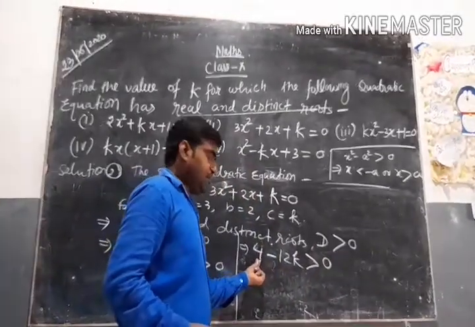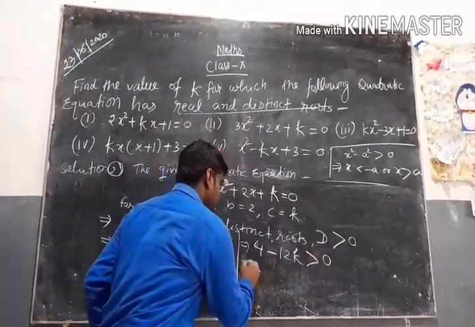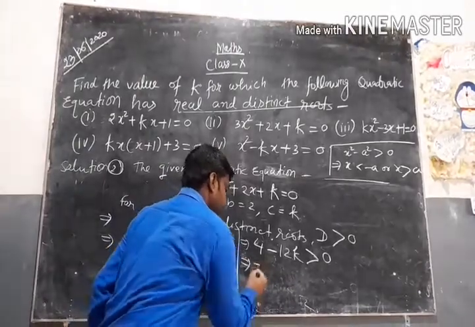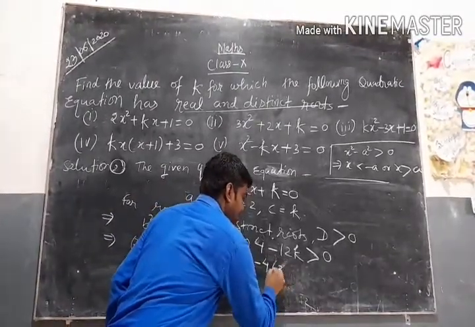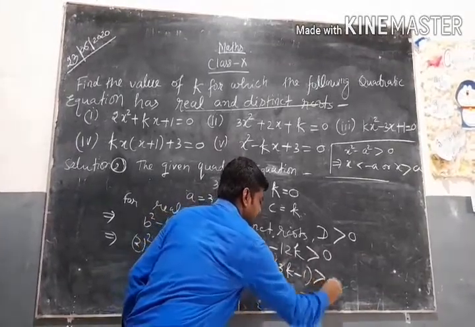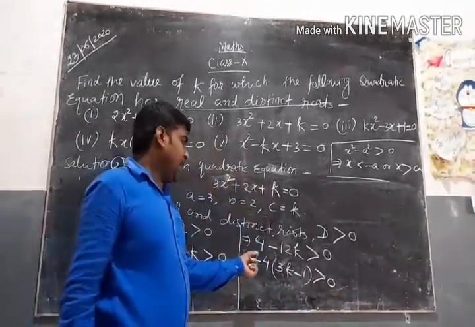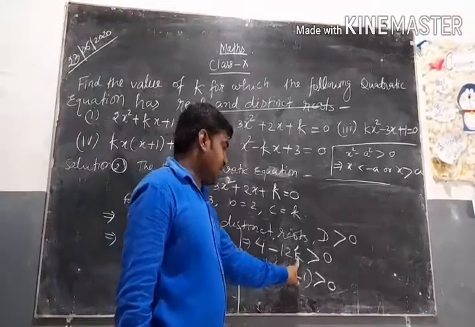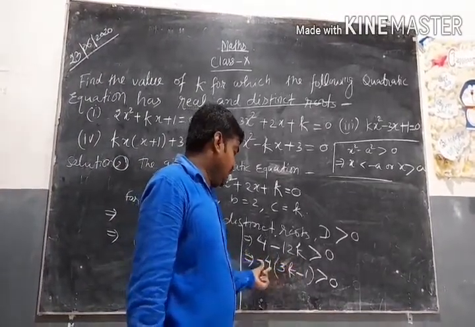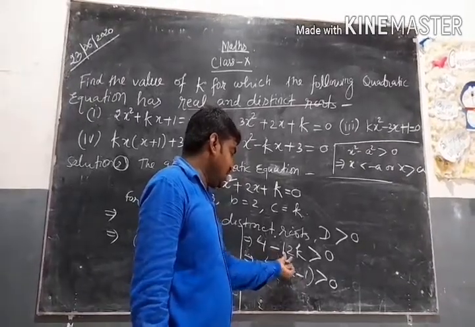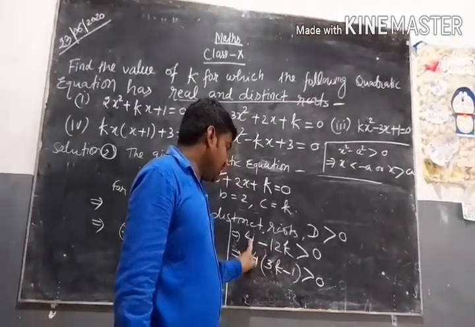On taking 4 as common, we have 3k minus 1 greater than 0. Actually, we remember the sign of the variable must be positive. So on taking minus 4 common, it becomes 3k minus 1.